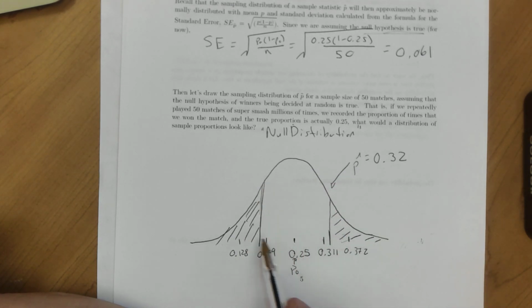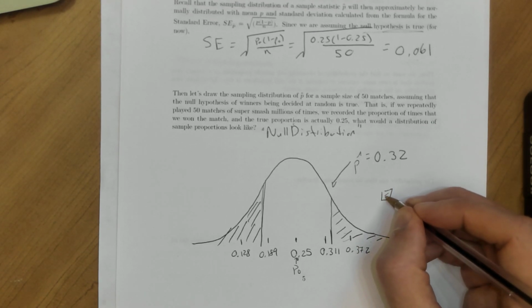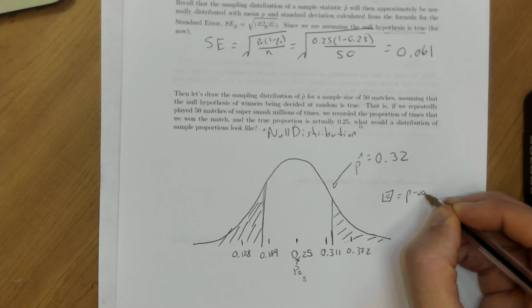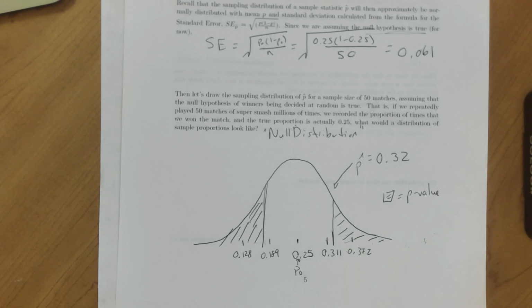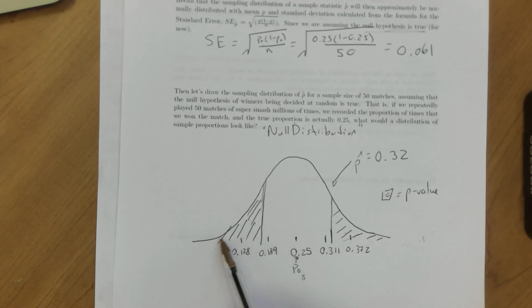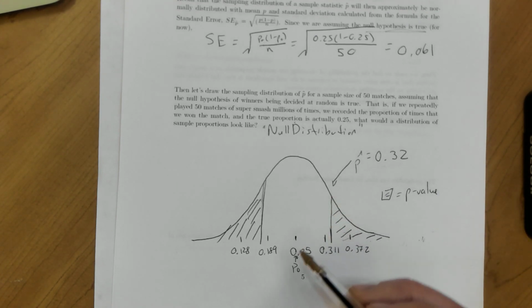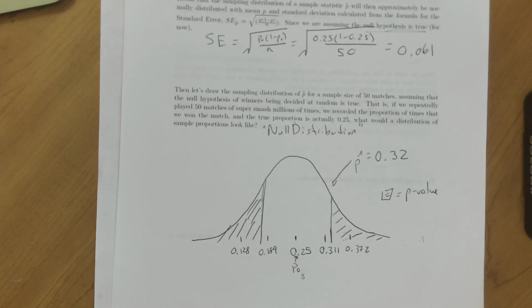So both of these shaded areas are what the p-value actually is. It's the probability of obtaining data more in favor of the alternative hypothesis than what we actually observed here if the null hypothesis is true.